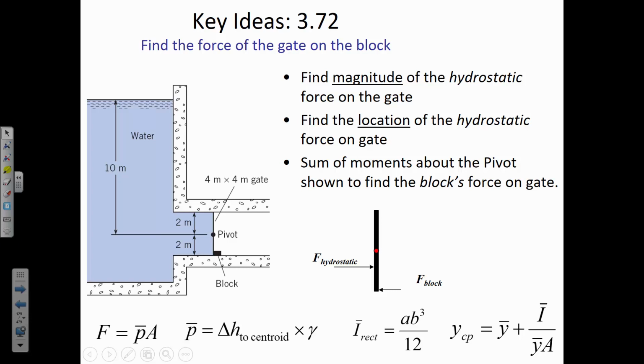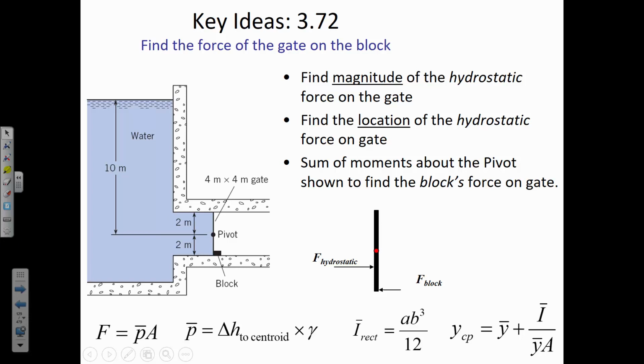Last time in class, I suggested that sometimes this formula for YCP can be more usefully rearranged to say YCP minus y bar is equal to I divided by y bar A. And the usefulness of rearranging it that way is that then that distance is from the centroid to the location of where the force is applied.